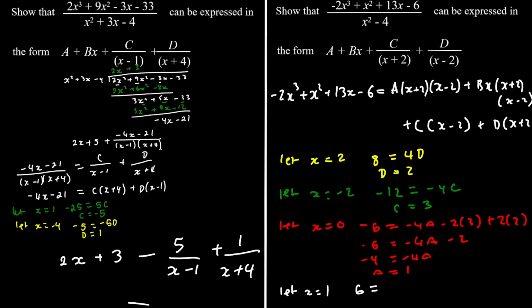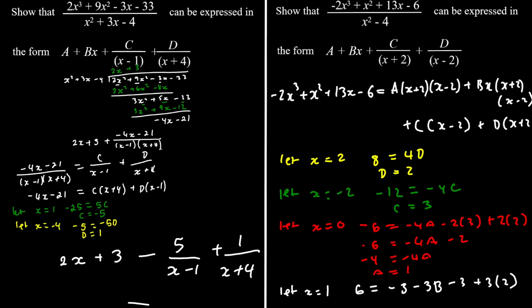So 6 equals 3 times negative 1, negative 3, so negative 3a, which is just negative 3. 3 times negative 1, so negative 3b, minus 3b, minus 1c, and we're going to have 3d, plus 3 twos.